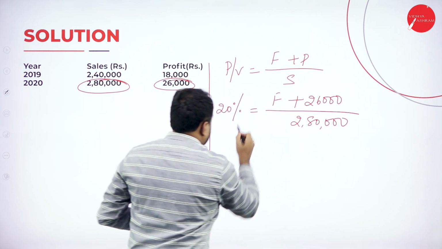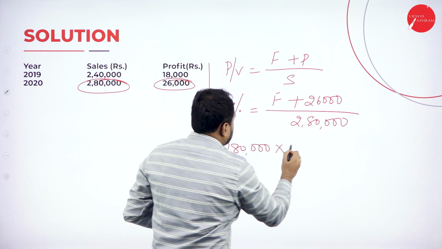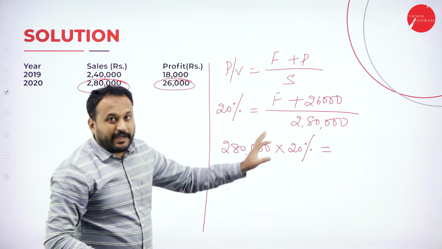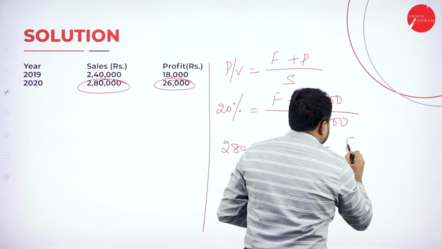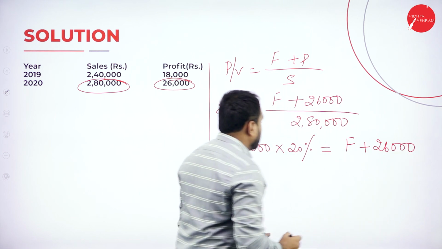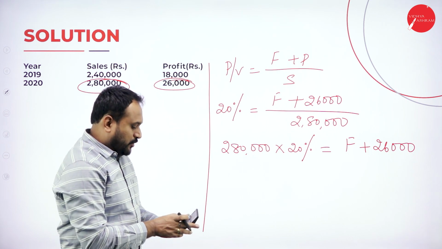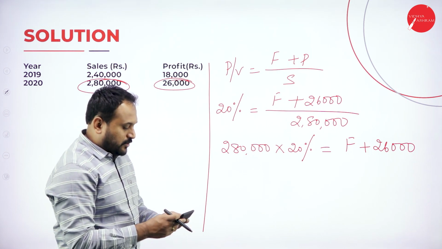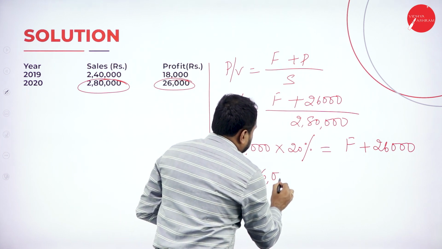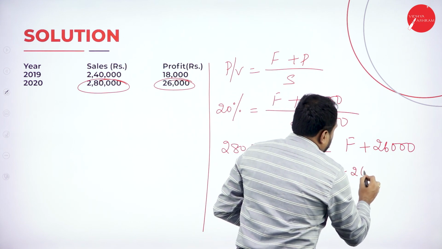2,80,000. Now again cross multiply. 2,80,000 into 20% is equal to the remaining, that is F plus 26,000. Now what will I do? 28 twos are 56, so I write 56,000 is equal to F plus 26,000.